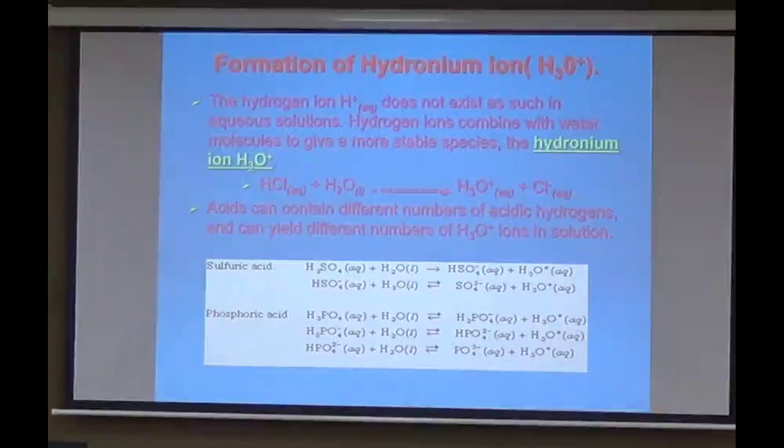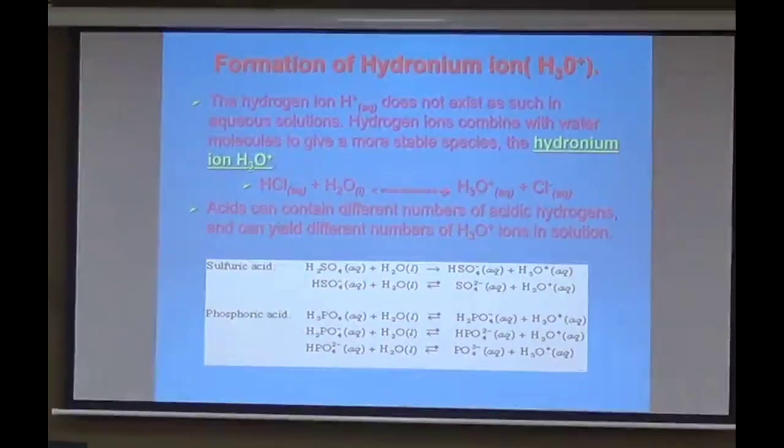So we all know, we had just now read the basicity of acids, that different acids yield different numbers of hydrogen ions in solution. So accordingly, the hydronium ions will be formed. Here they have shown two more examples of sulfuric acid and phosphoric acid. In sulfuric acid, you see the reaction is shown in two steps.